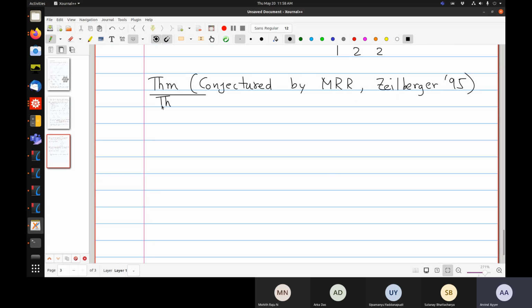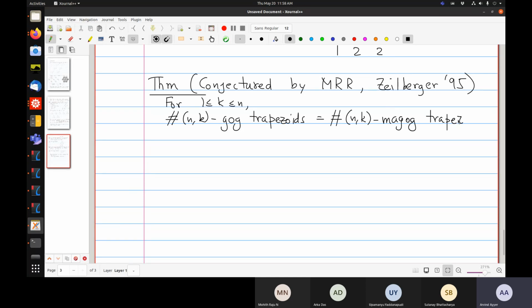What Zeilberger proved was that for 1 less than or equal to k less than or equal to n, the number of n-k gog trapezoids is equal to the number of n-k magog trapezoids.